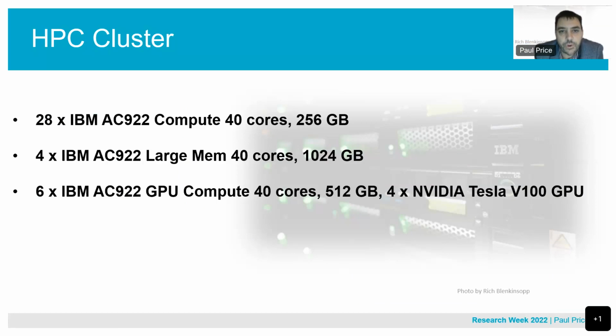They have 40 cores each, and each of them has 256 gigabytes of RAM. So just to give an idea of the change from the legacy hardware, this is the standard configuration for one of our compute nodes now: 40 cores with 256 gigs of RAM.